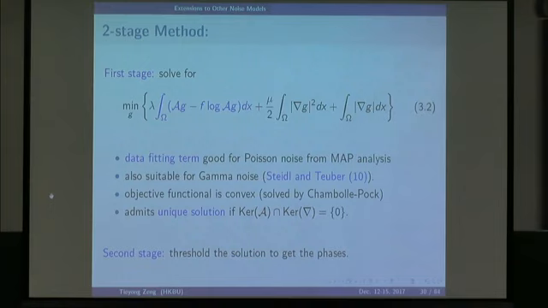What you need to change is just the data term, which you change to a term adaptive to your noise. So we use the G minus F log G term, and then it's also very simple, right? So you can quickly minimize it. You have some better mathematical properties for this kind. And in the second stage, the same. You can show the solution to get the phases.